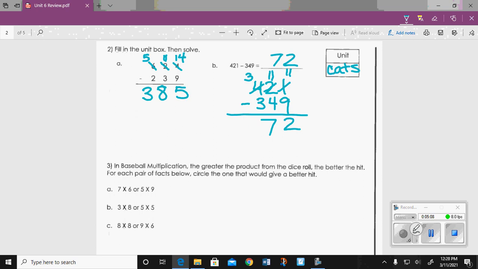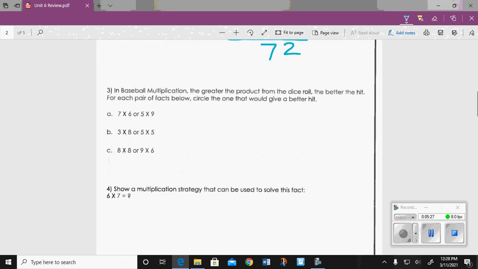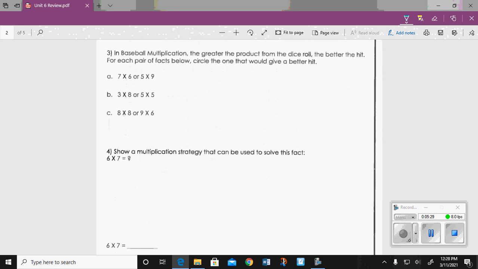Okay? All right, boys and girls, number 3 says in baseball multiplication, the greater the product from the dice roll, the better the hit. For each pair of facts below, circle the one that will give you a better hit. My choice is 7 times 6 or 5 times 9.